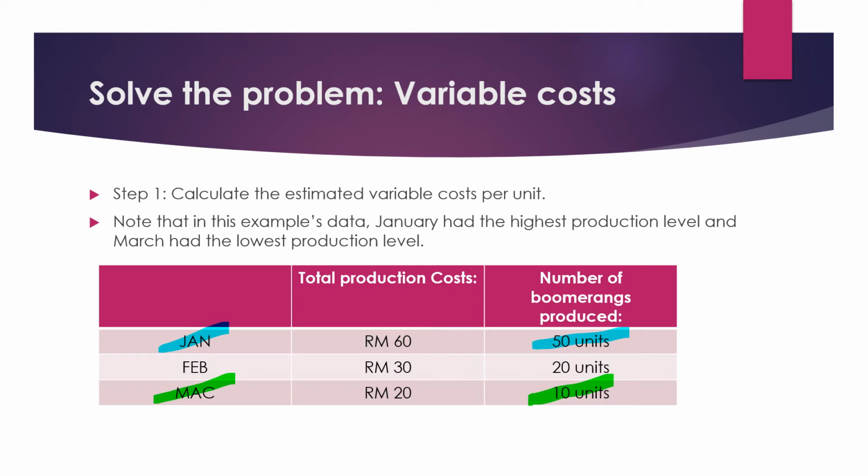We can see January has the number of boomerangs produced as high, 50 units, and March is the lowest number of boomerangs produced. The number of boomerangs produced we can call activity, and the total production cost in RM we call the cost. So we know that January has the highest units and March is the lowest.